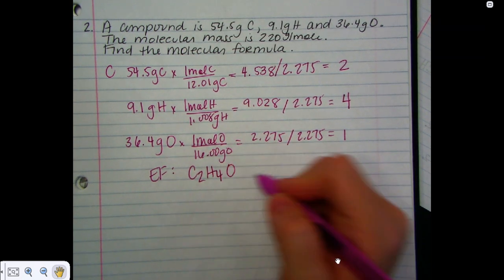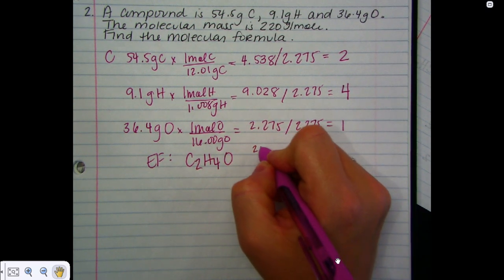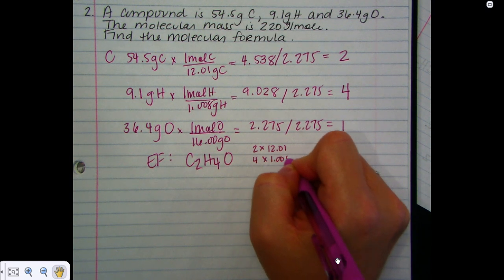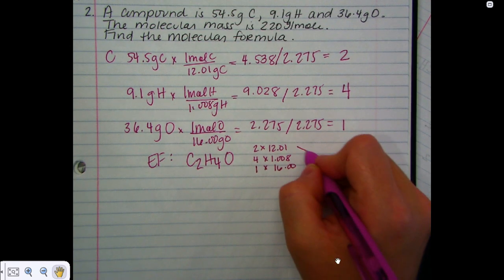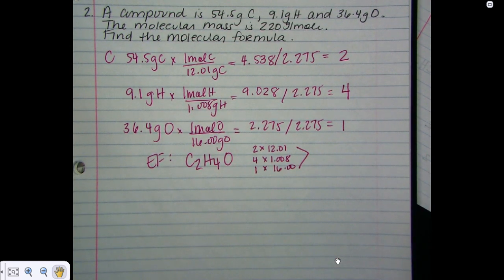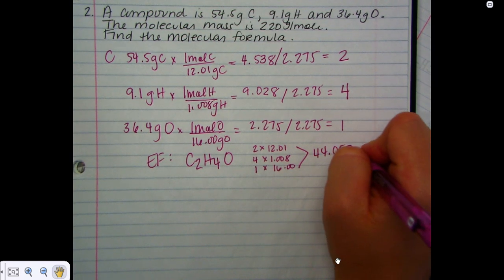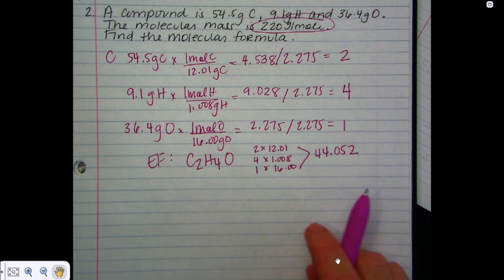So my empirical formula here is C2H4O. Now I need to find my empirical mass. So 2 times 12.01 plus 4 times 1.008 plus 1 times 16.00. 44.052 is my empirical mass. My molecular mass given in the problem was 220.